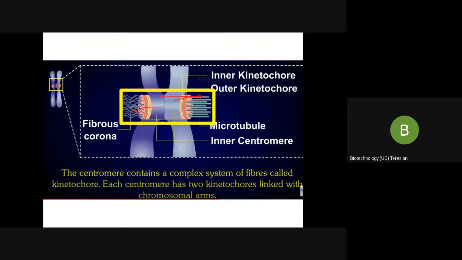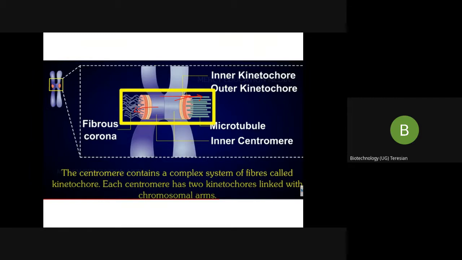The kinetochore contains an electron dense inner and outer plate. The outer plate contains the fibrous material that is thought to attach to the motor proteins involved in chromosome movement, whereas the inner plate is attached to the centromeric heterochromatin of the chromosome.